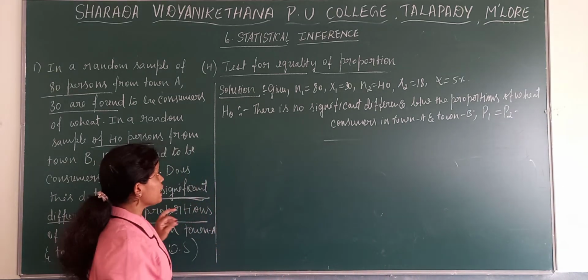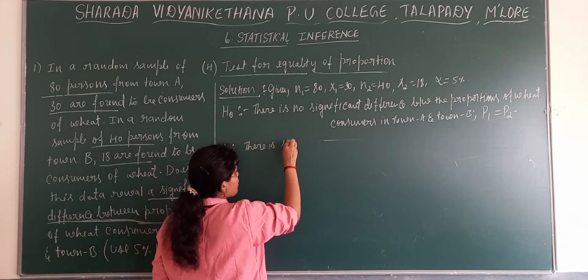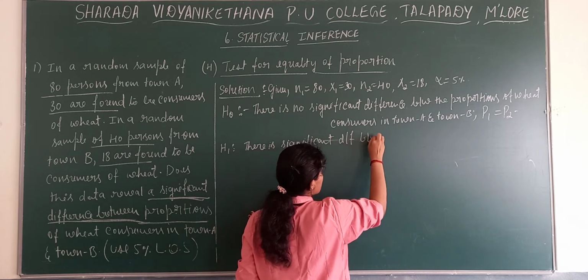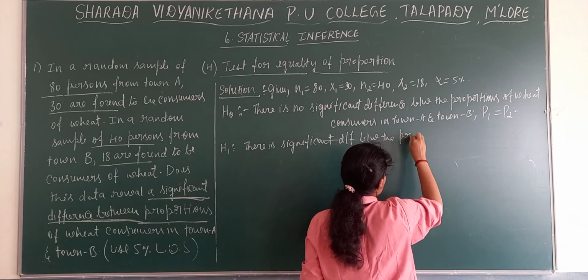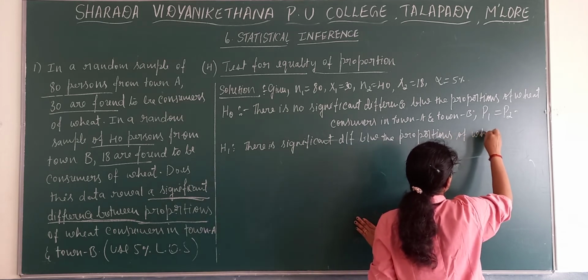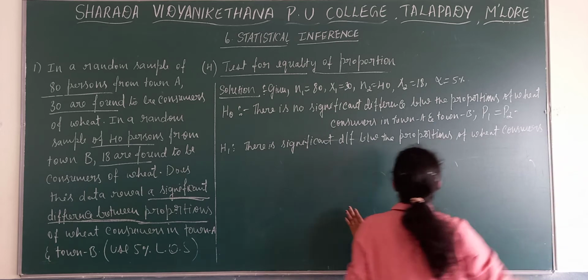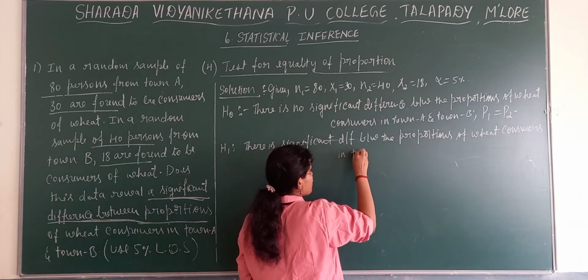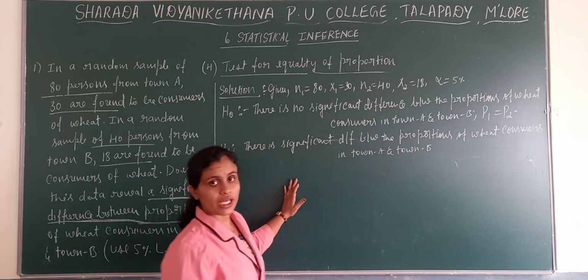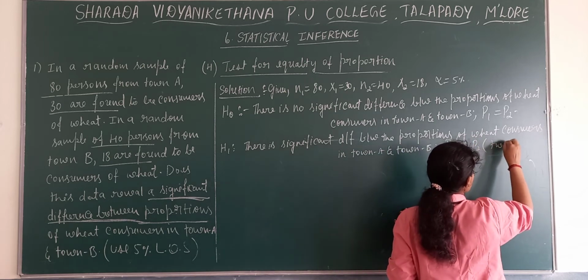And the alternative hypothesis we need to take as there is significant difference between the proportions of wheat consumers in town A and town B. So here, if there is significant difference, it means P1 is not equal to P2, so it is a two-tailed test.